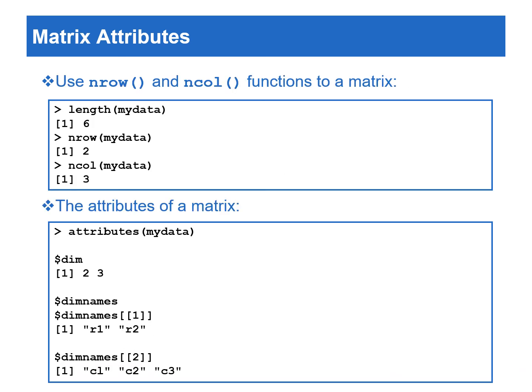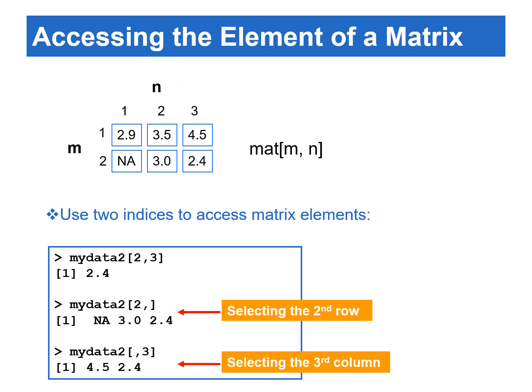We can use the length function to find out the number of elements in a matrix. However, it is more meaningful to use nrow and ncol functions to find out the number of rows and columns of a matrix. The attributes function shows us that my data matrix has the dim and the dimnames attributes. To access one or more elements from a matrix, we need to enclose 2 indices, separated by a comma, within the square brackets.